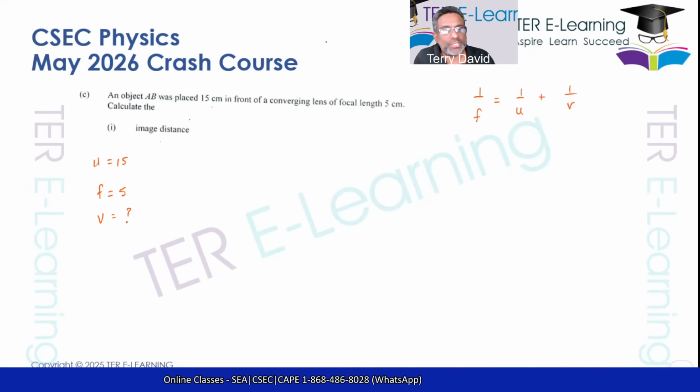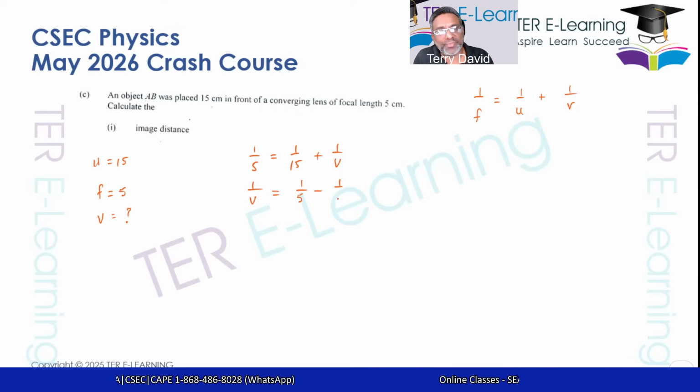So we're going to substitute into that formula. We're going to say 1 over 5 is equal to 1 over U, which is 15, plus 1 over V. So now this is a maths problem now. It's no longer a physics problem. So 1 over V is equal to 1 over 5 minus 1 over 15.